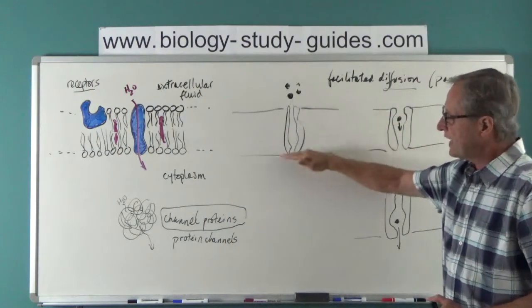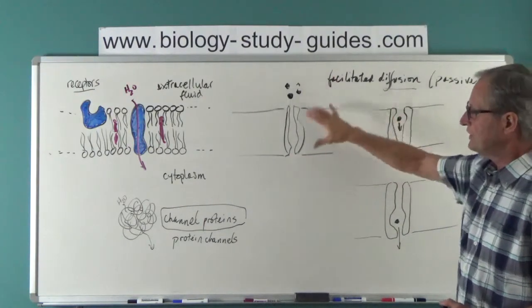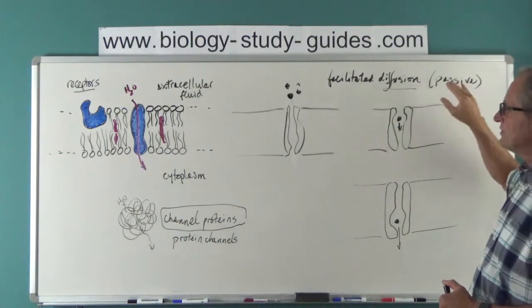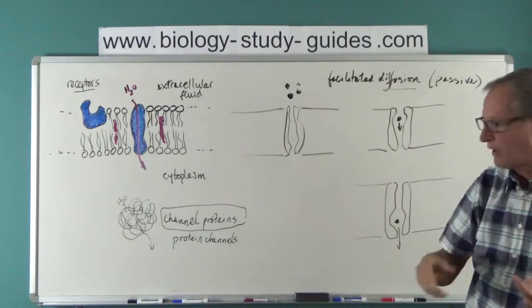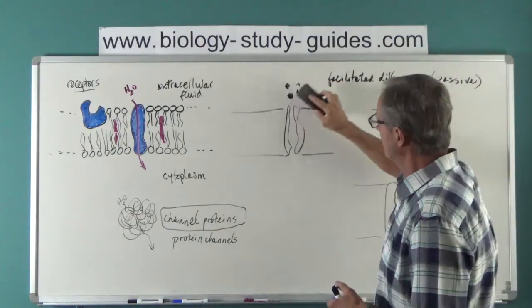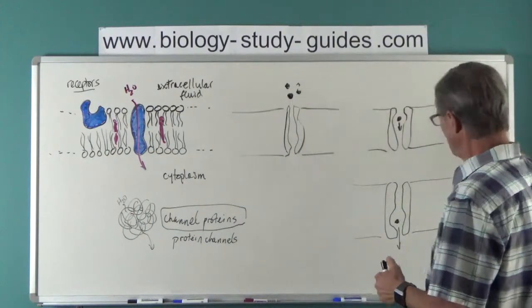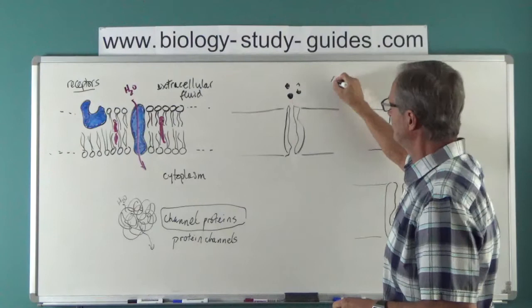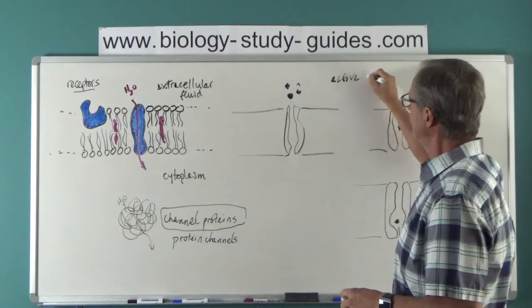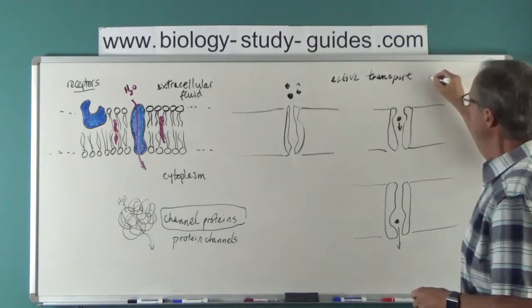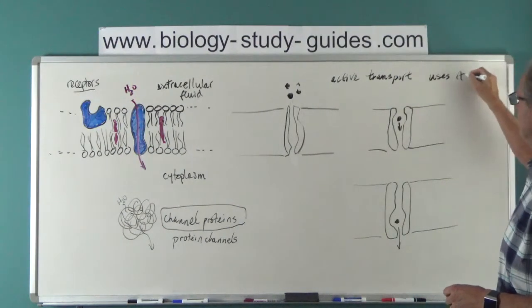There are other examples of protein-assisted transport that do require energy. This is facilitated diffusion, which does not require energy. The type that does is called active transport. And it uses ATP.